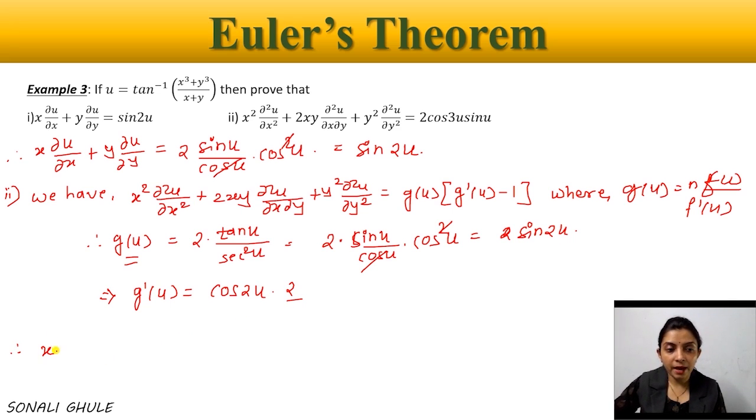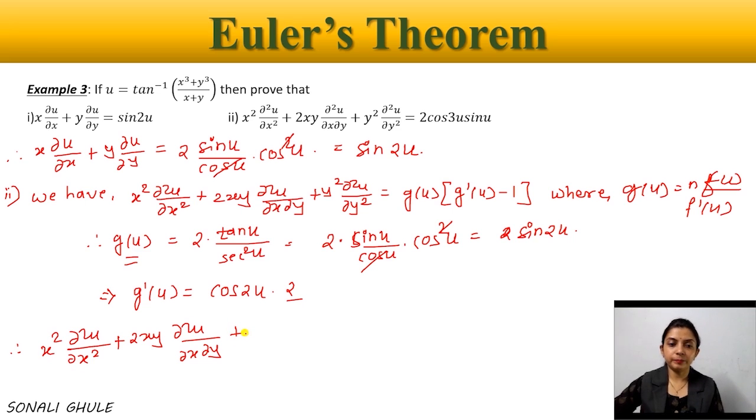Therefore, I have the value for the second order relation: x square dou 2u upon dou x square plus 2xy dou 2u upon dou x dou y plus y square dou 2u upon dou y square is equal to, put the value for g of u. Yes, it is what?